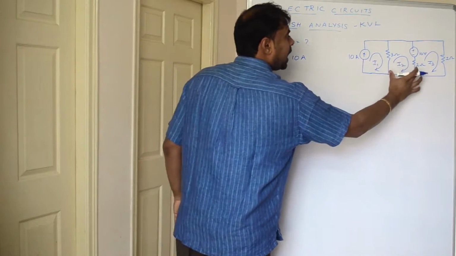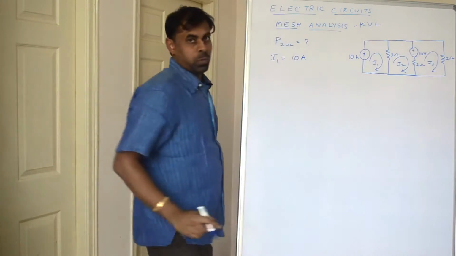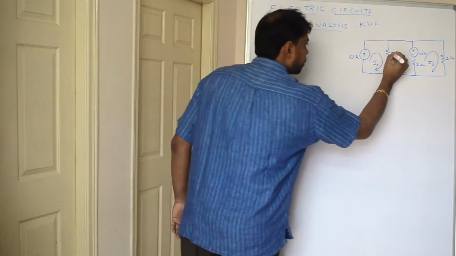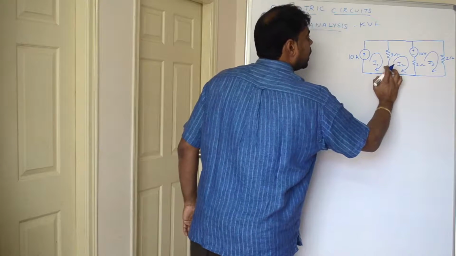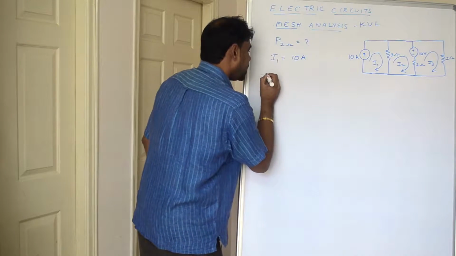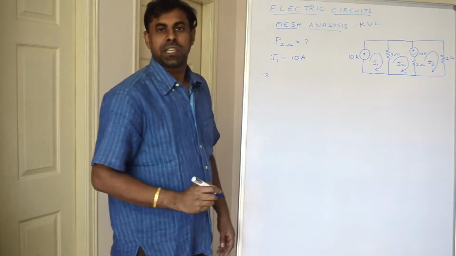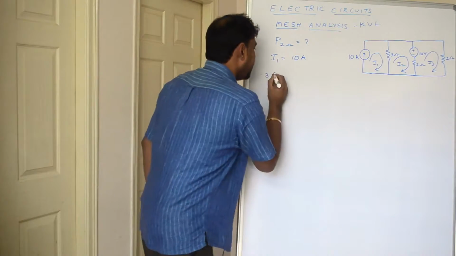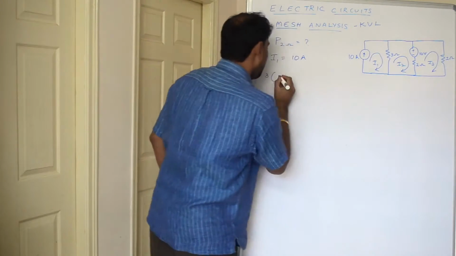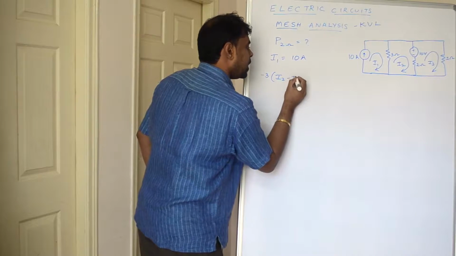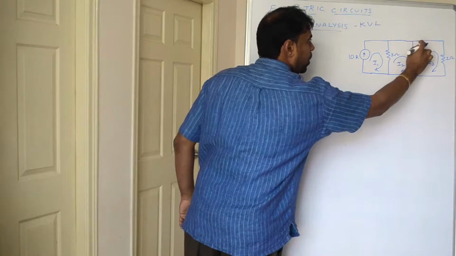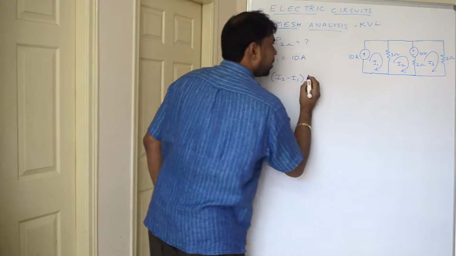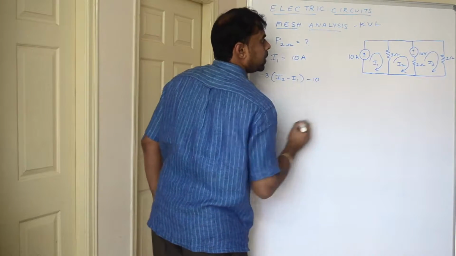Then I am applying KVL in the second loop. Let us start from here. If I move bottom to top, there is a drop in the resistor. The resistor is 3 ohms and the current in my direction is flowing as I2 minus I1. Next, if I come here, I am moving from the positive terminal of the source to the negative terminal, so there is a drop.